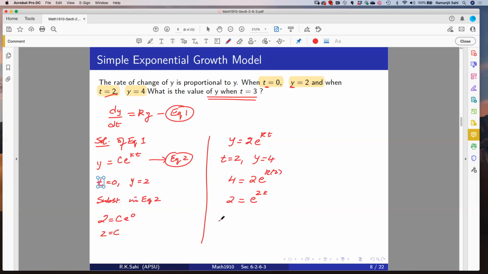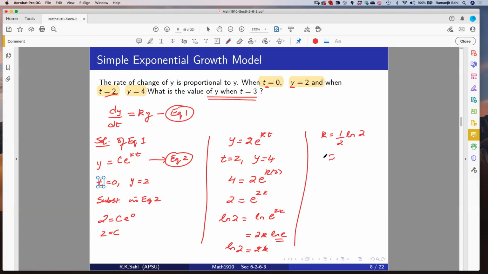So we can write natural log of 2 equals natural log of e to the power 2k. By logarithm properties, 2k comes out, times natural log of e. Natural log of e is 1, so 2k is natural log of 2, or k is one half natural log of 2.